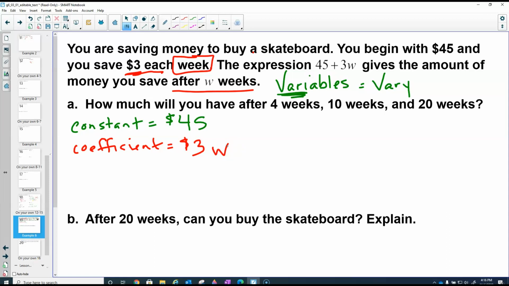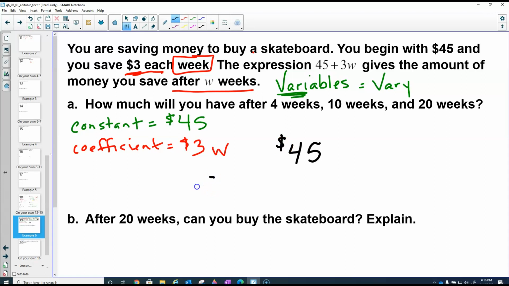Because however many weeks I need to save, each week I'll get $3 more. I start with 45. That is my constant. So if I have my base of 45, that is what I started with. That's my constant. It's not going to change. It's just what I already had saved in my piggy bank.